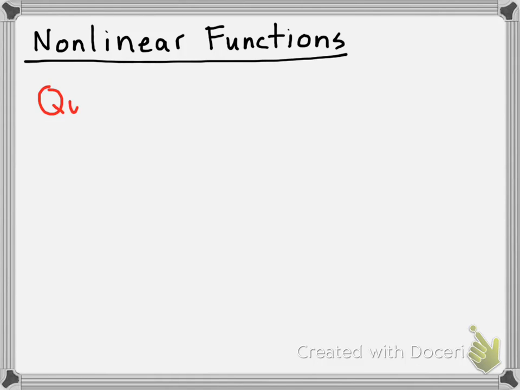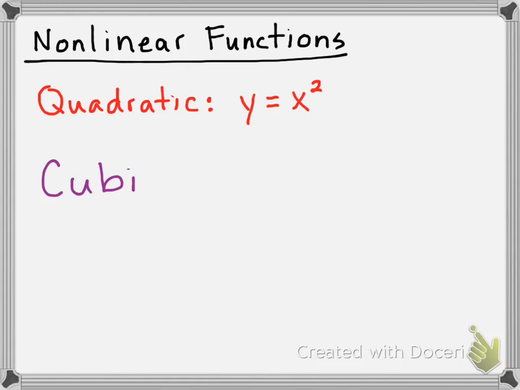Okay, today we're going to be looking at different types of nonlinear functions. We're going to be looking at 3 different types. Okay, the first is quadratic. And quadratic happens when you have an x squared.